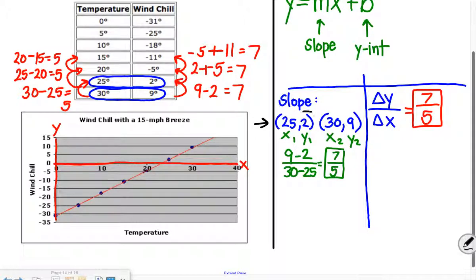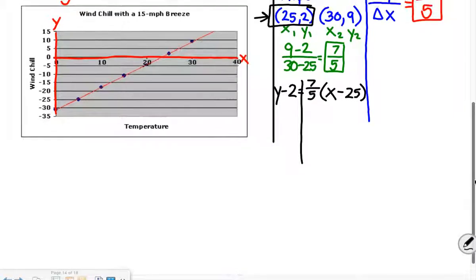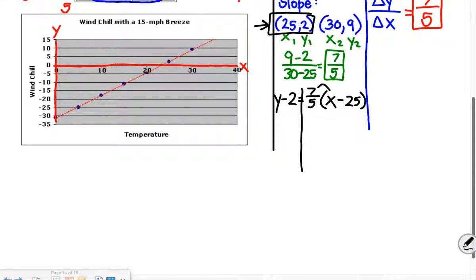So let's just pick this ordered pair, just because. So y minus 2 equals 7/5 times x minus 25. So if I draw my train tracks and I distribute, 7/5 times x is 7/5 x.